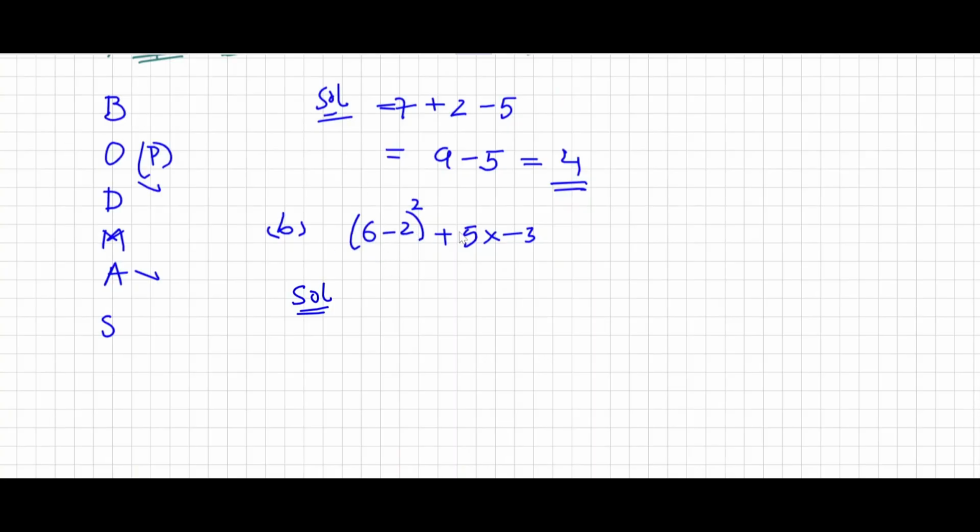In the brackets there are the two numbers, 6 minus 2. So 6 minus 2 will become 4. So for the power 2 plus 5 into minus 3: 4 to the power 2 is 16. 5 into 3 is minus 15. So in the end you will get just 1.